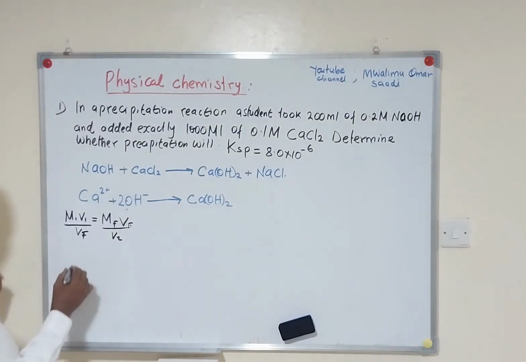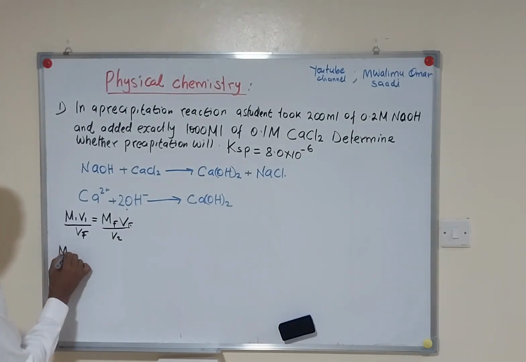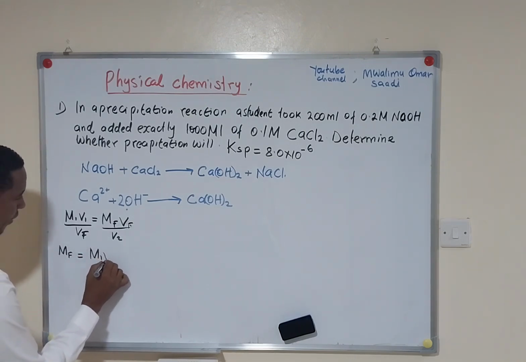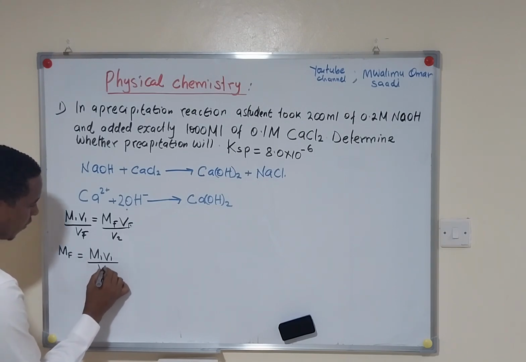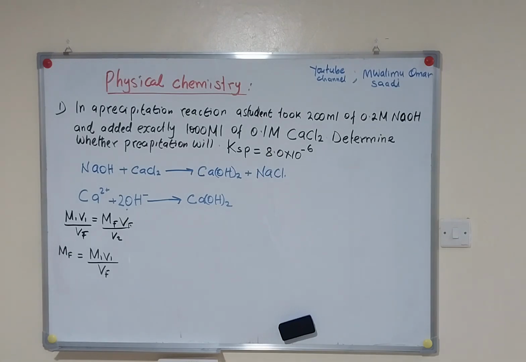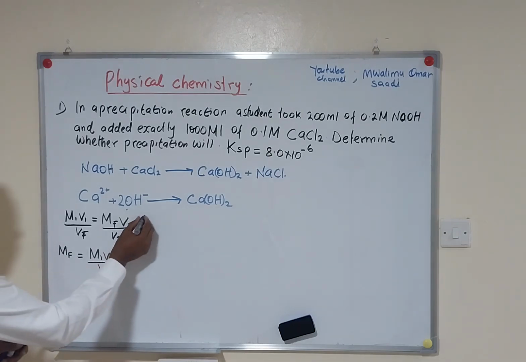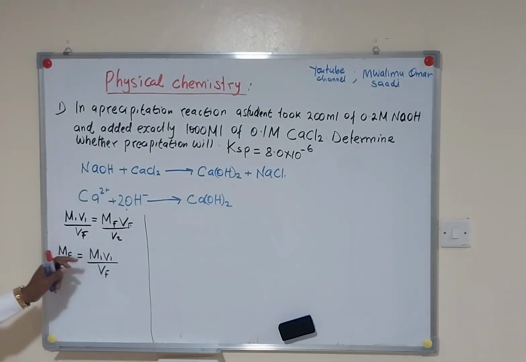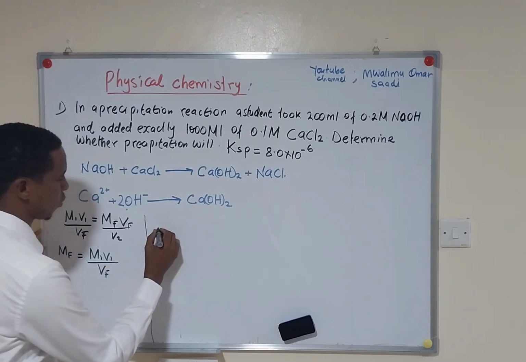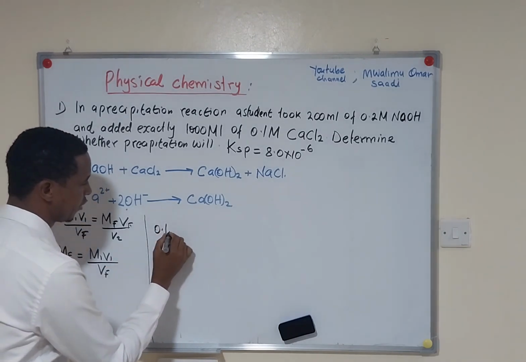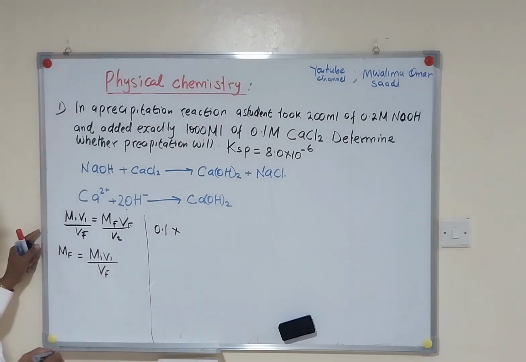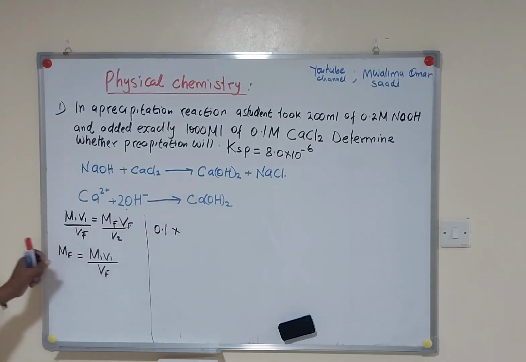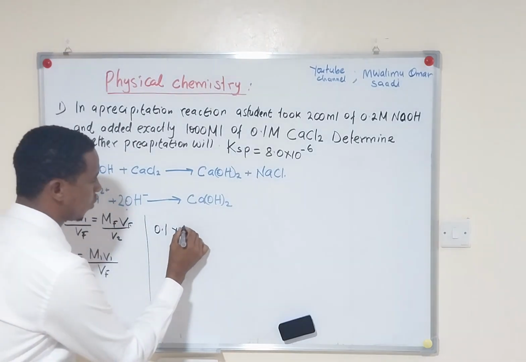So MF is equal to M1 V1 all over VF. The initial concentration of calcium ion is 0.1 times the initial volume, that is 1000 ml.